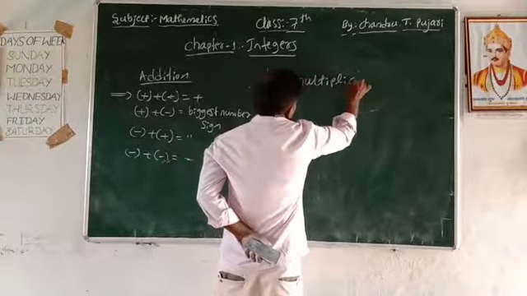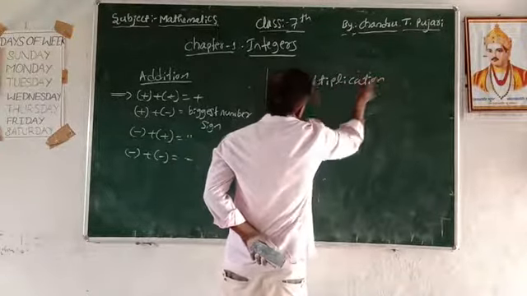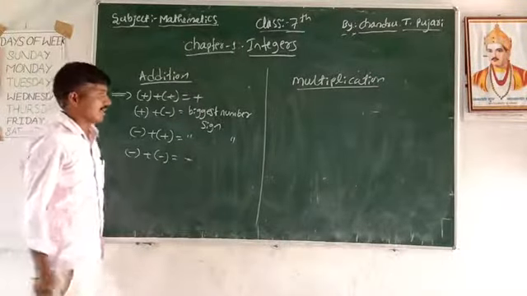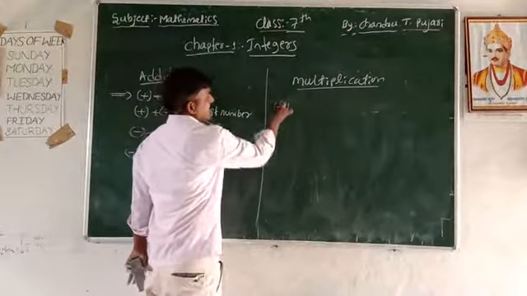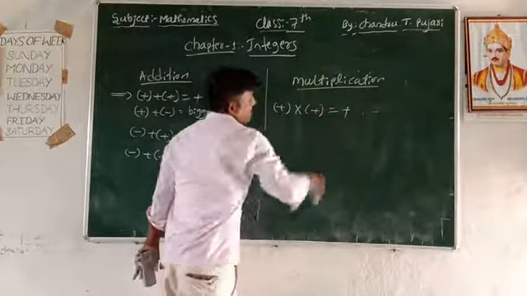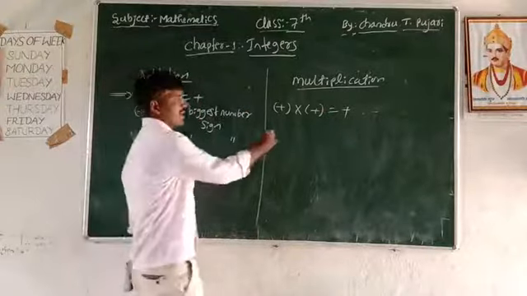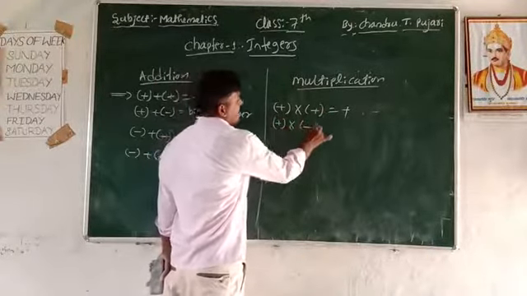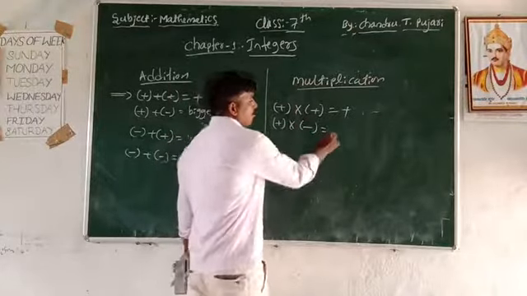What are the multiplication rules? In multiplication, plus into plus is equal to plus. The next, plus into minus is equal to minus.